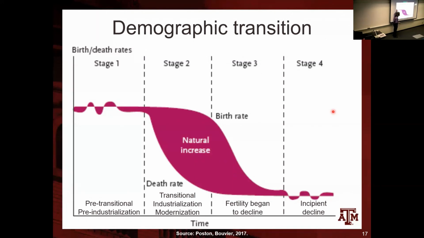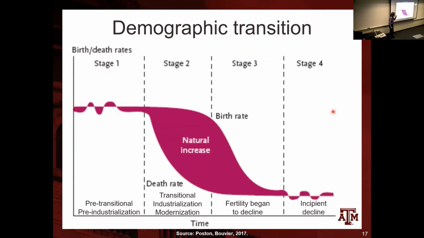Since both were really high, one offsets the other. So population growth is not so steady or so steep, because birth and death rates are so high that the difference between the number of people being born and the number dying in a specific year in a specific country was really close to zero. So the population doesn't grow as much.